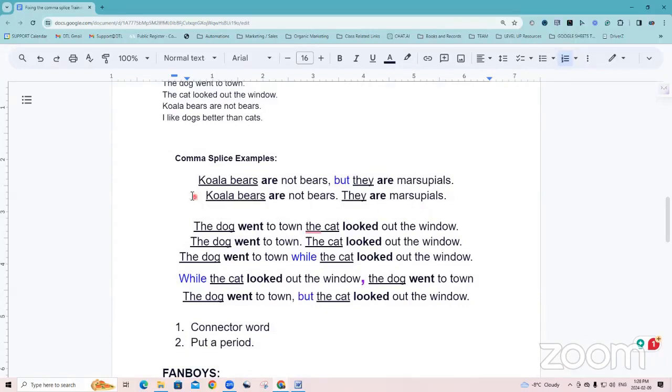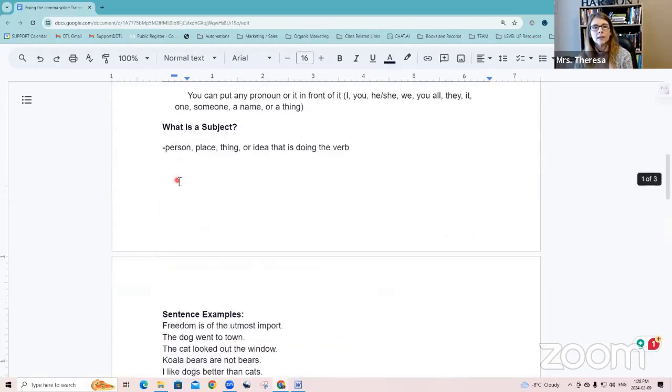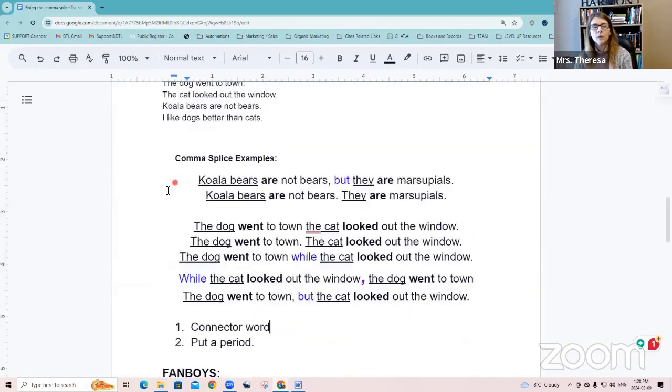This is why it's really important when we're editing to read slowly out loud. Because if we read these, there's the example, and we read, koala bears are not bears, comma, they are marsupials, period. As soon as we get to that comma in our comma splice error, we should always be asking ourselves, why is there a comma here? Do I need a comma here?